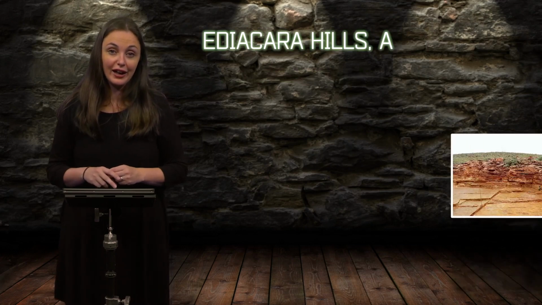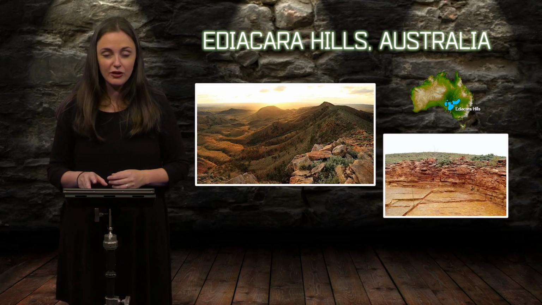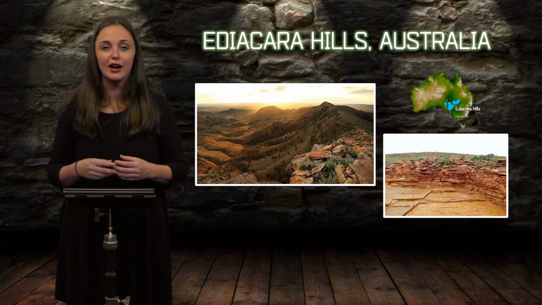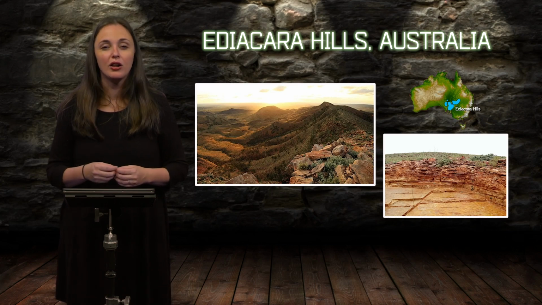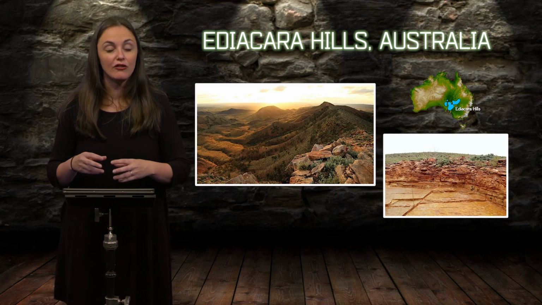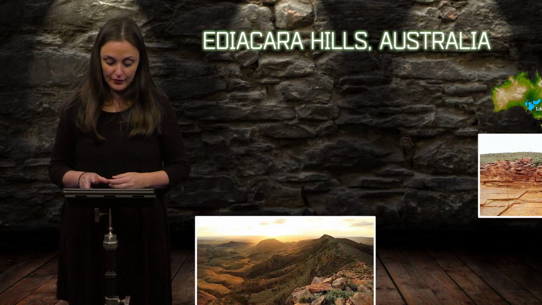And those are called the Ediacaran hills, and so therefore it's the Ediacaran fauna. These would have been soft-bodied organisms like jellyfish, worms, all of these very, very simple forms of animals that would later evolve into some of the more complex animals of the Paleozoic.